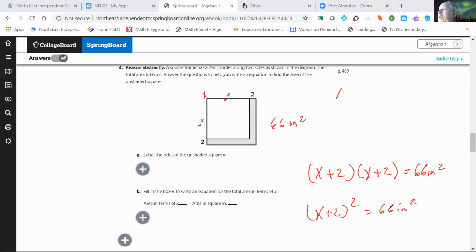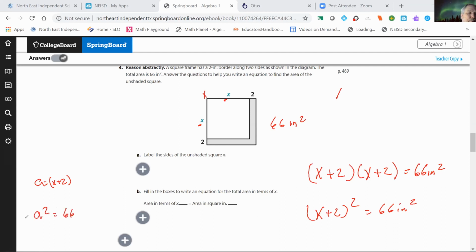Now we can solve this one in the same manner that we did before. What is that manner? If we think of this as a variable squared, for example, we could say A equals x plus 2. In that case, this would be A squared equals 66.